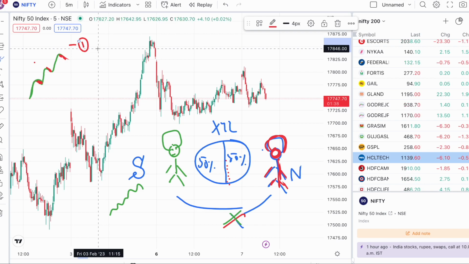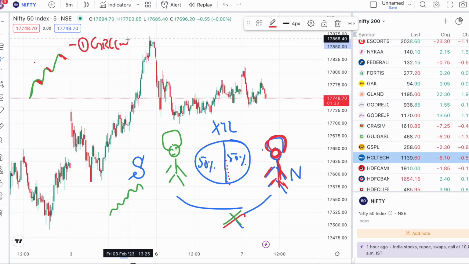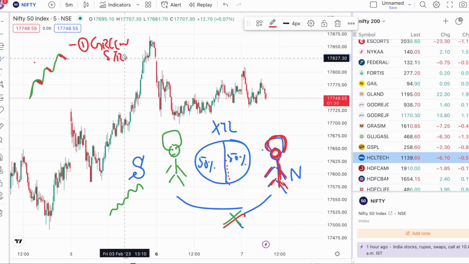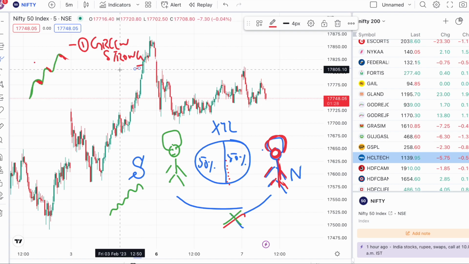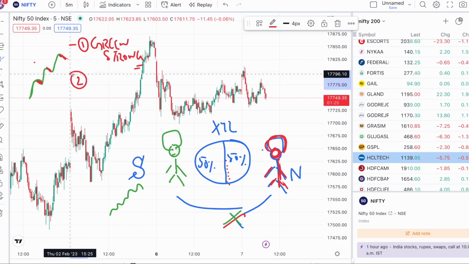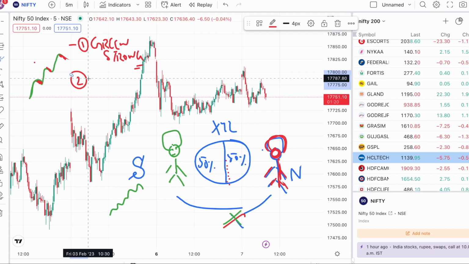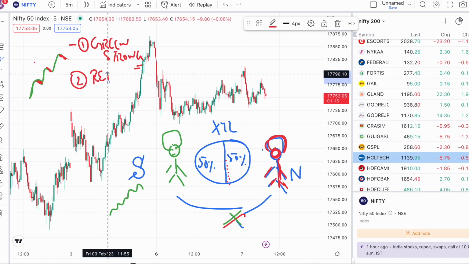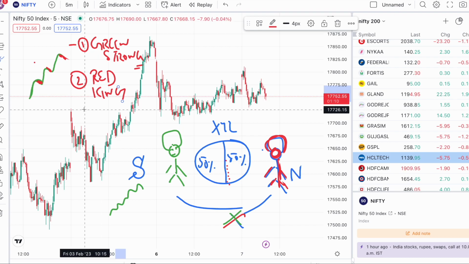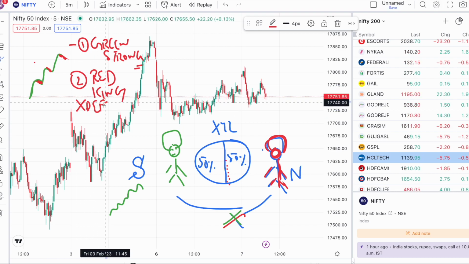The first thing it might imply is that the green king is strong. And the second point, which is very important, is that the red king is not interested to defend as of now.